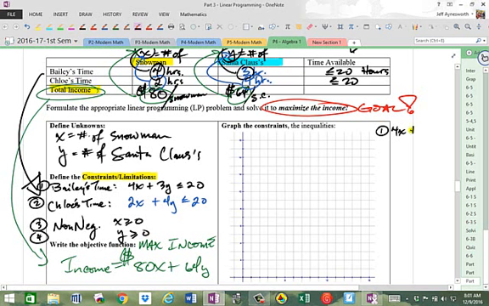So I'm going to take 4x plus 3y is less than or equal to 20. I'm going to isolate y, so I'm going to subtract 4x. I get 3y is less than or equal to negative 4x plus 20.